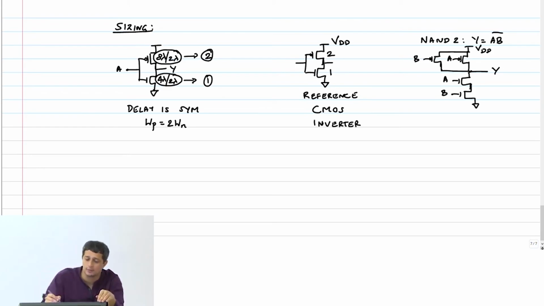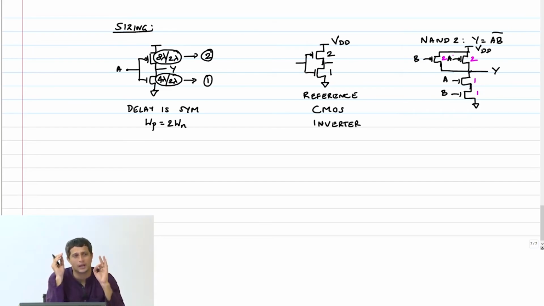Okay, so for example, one possible thing to do is do the same thing. I will say 1, 1, 2, 2. Right? We understand why we did 1, 2, so that the pull up and pull down delay is symmetric. So I can do 1, 1 and 2, 2. Right? Now let us examine what happens to the worst case pull up or pull down resistance.